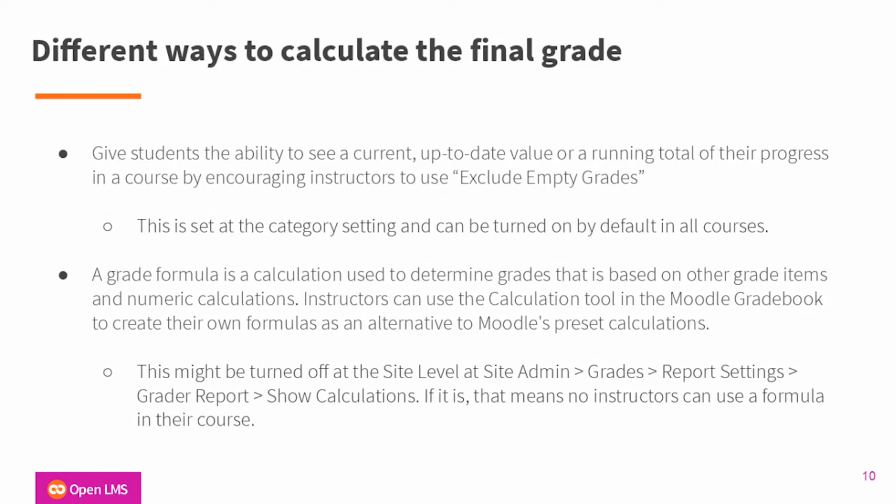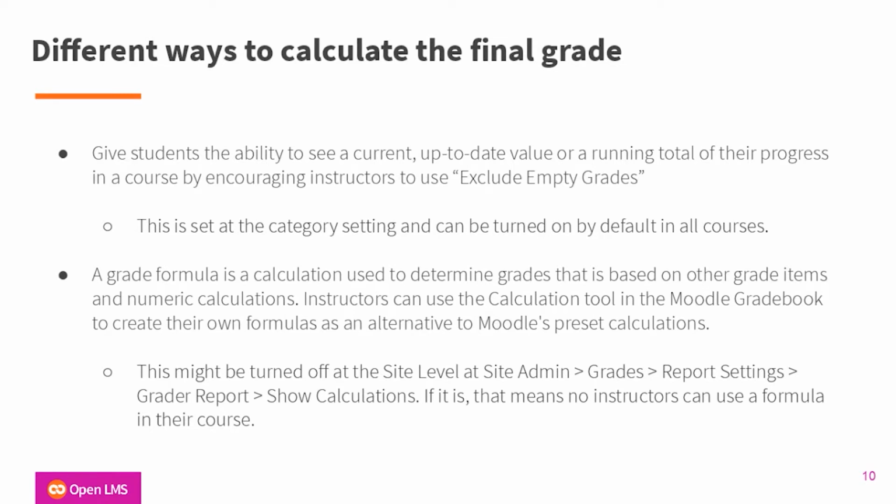And then talking about different ways to calculate the final grade. You give the students the ability to see a current up-to-date value or running progress, and this is by using the use exclude empty grades option. This can be set at the category setting at the site level, and can be turned on by default in all courses.